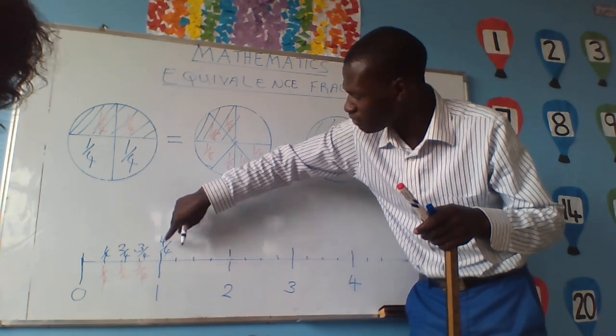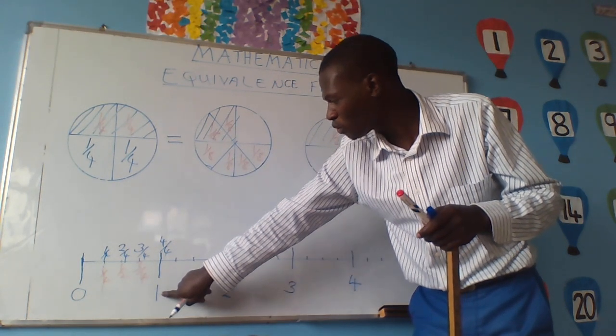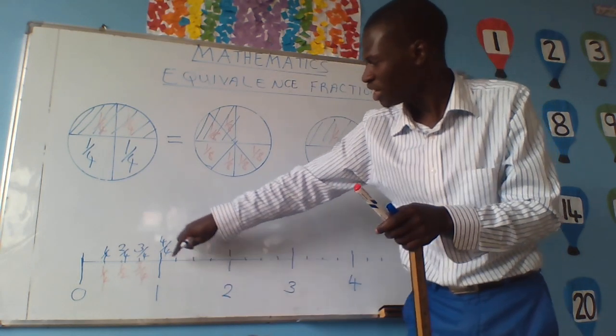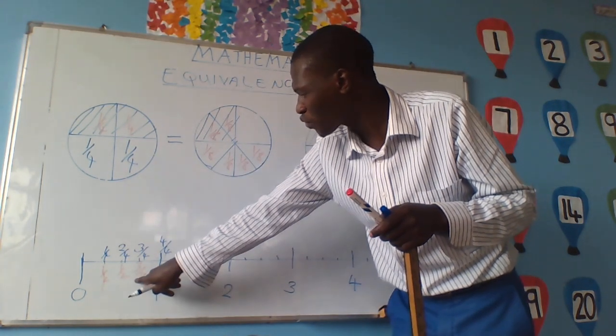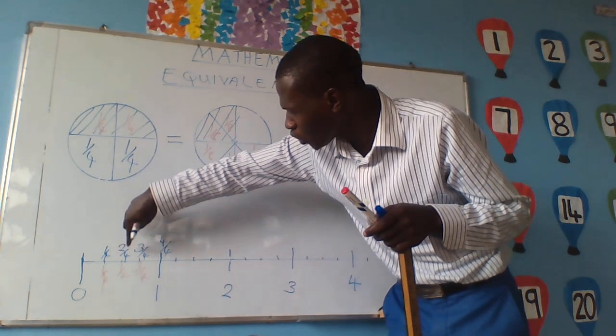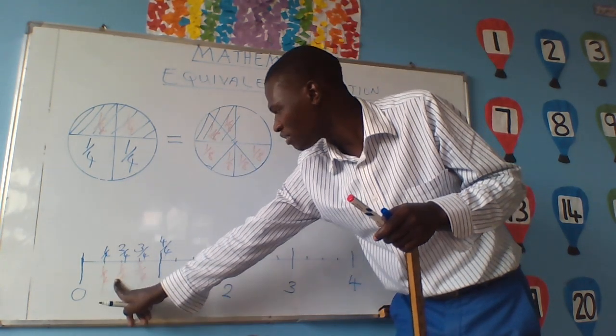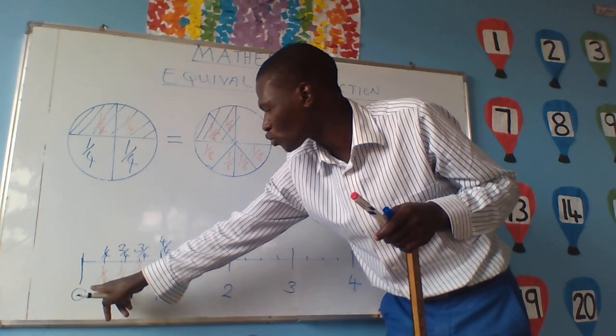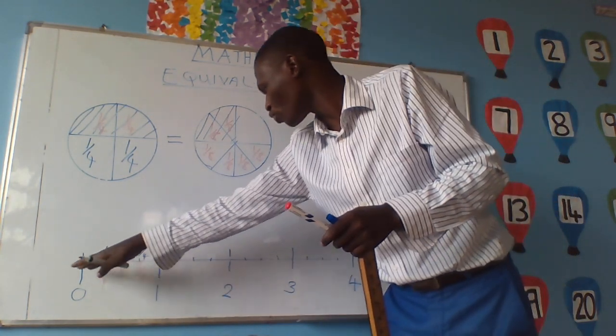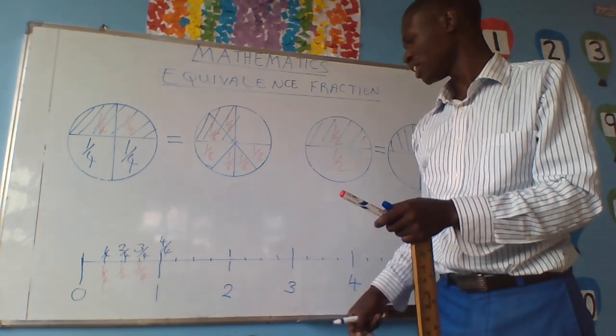As you can see, 4 out of 4 is equal to 1, 3 out of 4 is 3/4, 2 out of 4 is a half, and 1 out of 4 is a quarter. So it's very simple to get the fraction from this number line.